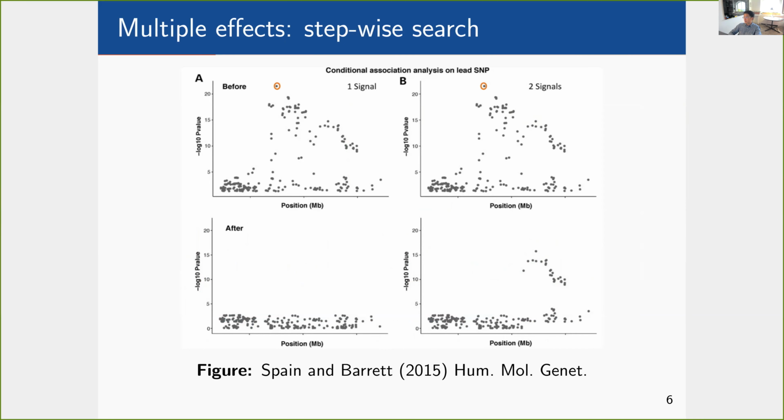You assume there's one signal there, you pick it, and you regress out its effects from the rest of your signals, and you see if another one pops up. When another one pops up, you know it's an independent signal, because otherwise it would be regressed out. So this is what people usually do: conditional regression starting on the lead SNP.